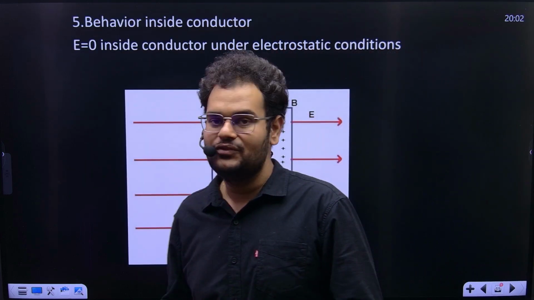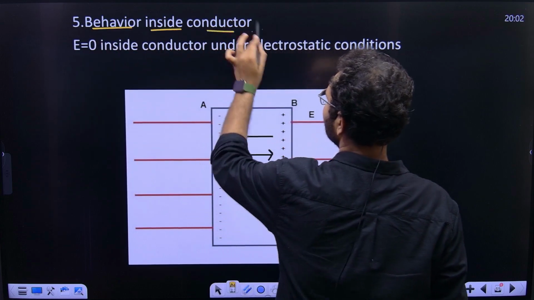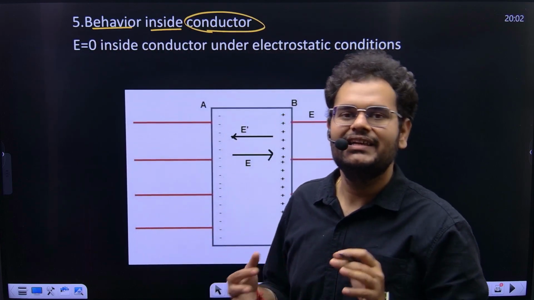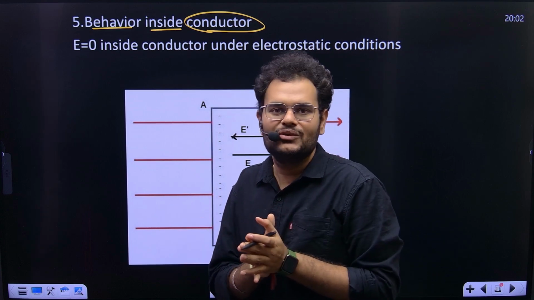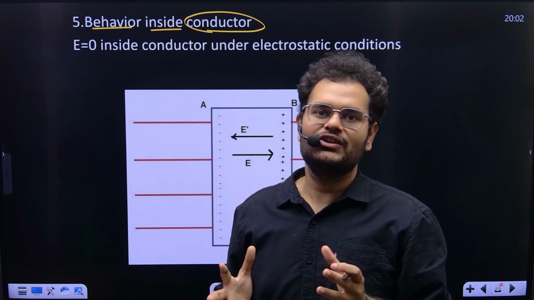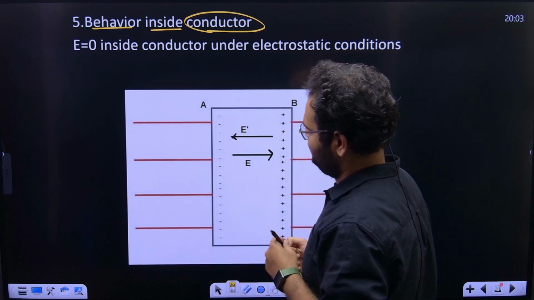What next? Very important, very important. How does an electric field behave inside a conductor? See, one basic property of a conductor is that it is equipotential. Equipotential means what, sir? On its surface everywhere, or in the entire body of the conductor also, the potential is the same.